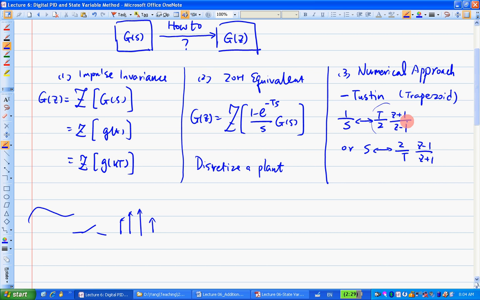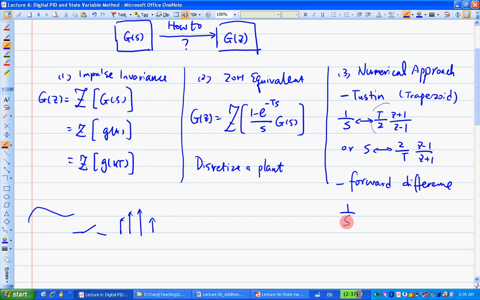Equivalently, if you take the reverse, s can be approximated using 2 over T times z minus 1 over z plus 1. So that's Tustin.